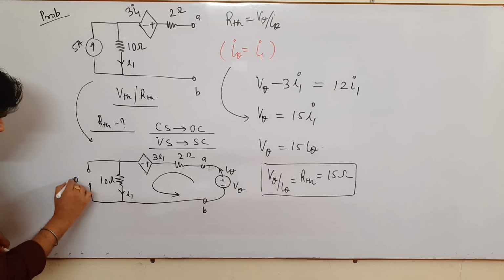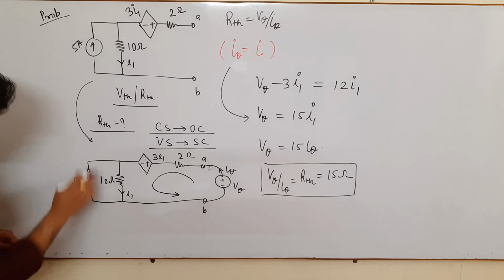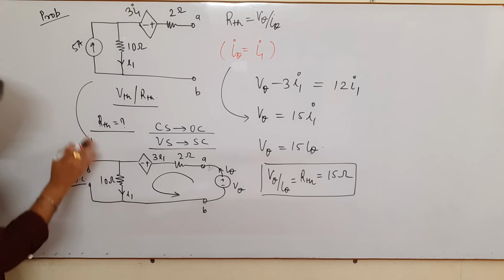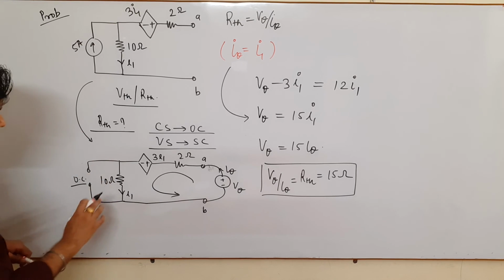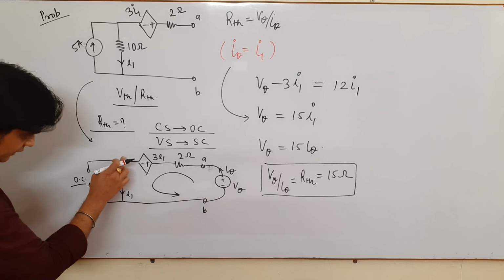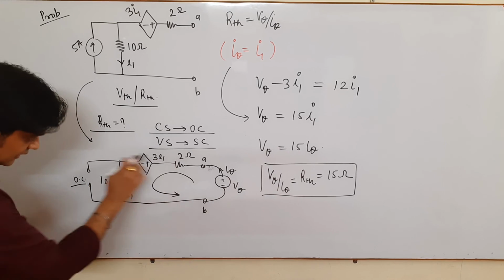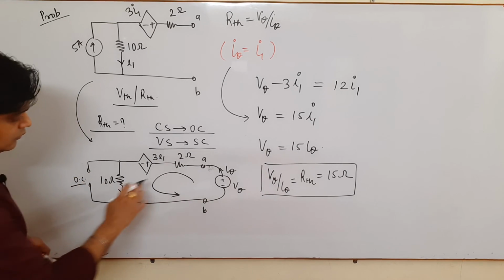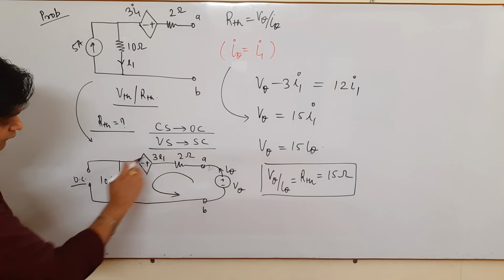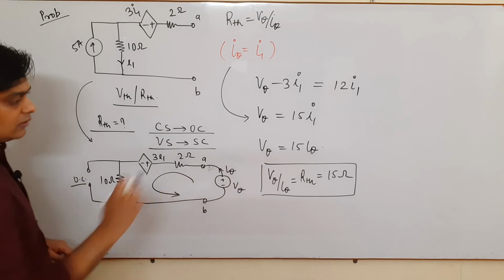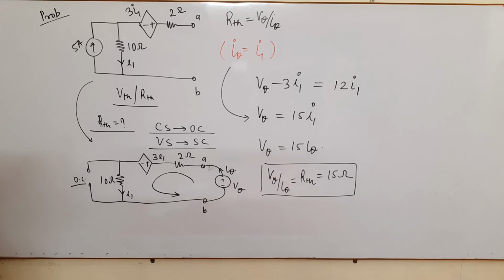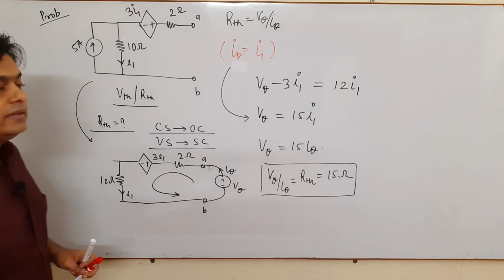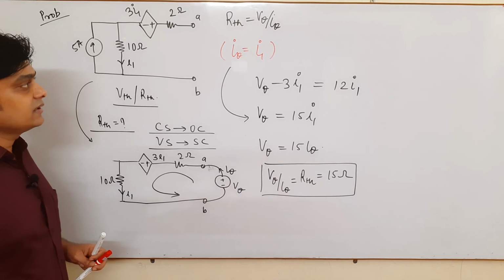So finally there is no existence of this branch. I have just redrawn it for your understanding. No current will enter here, whatever current enters flows in this manner. So just by applying the law of KVL one can easily find the value of V theta by I theta.